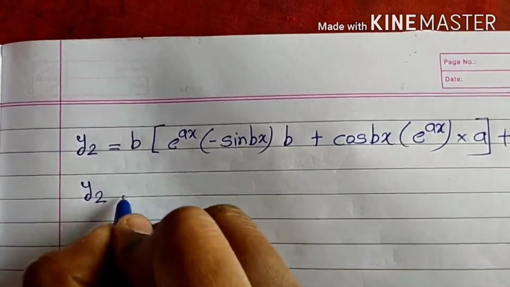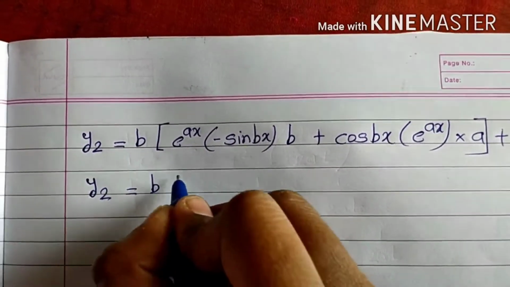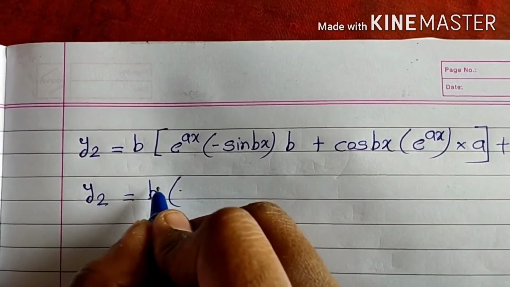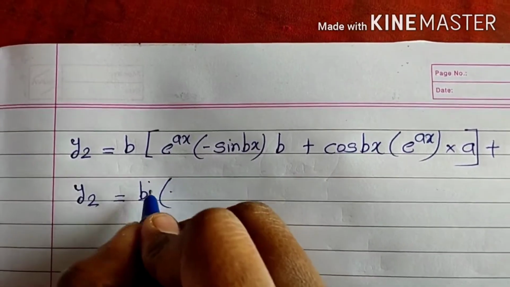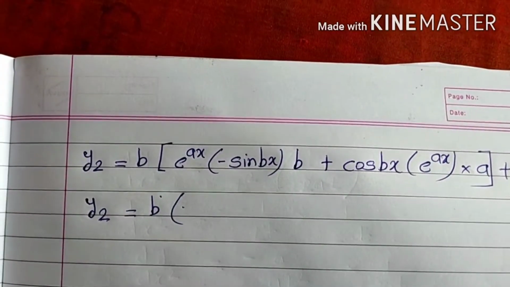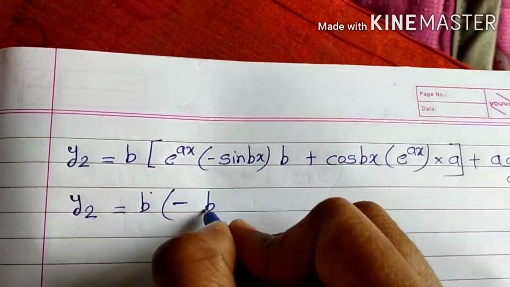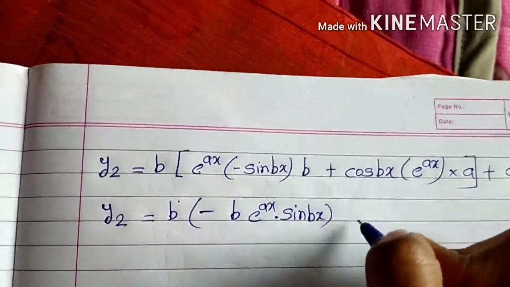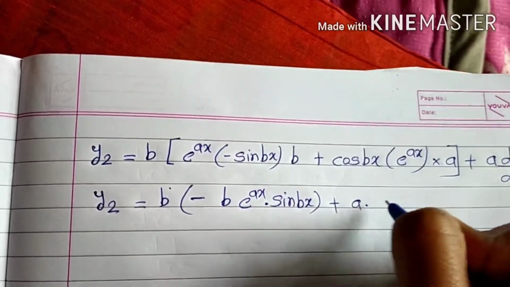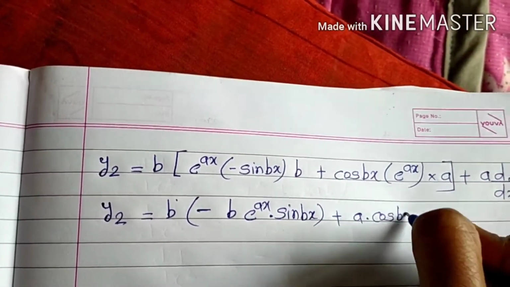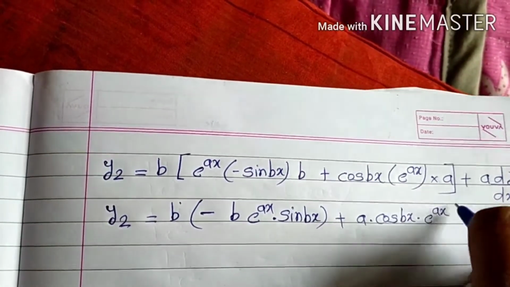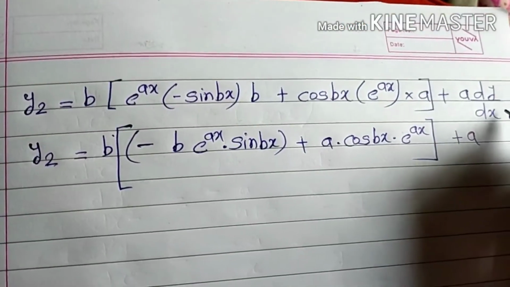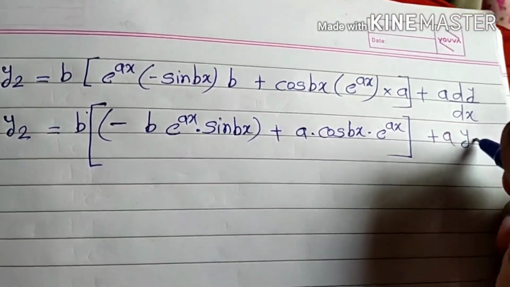So y2 is equal to b into minus b e raised to ax sin bx plus a into cos bx into e raised to ax, this bracket completes, plus a, and we know that the notation of dy by dx is y1.